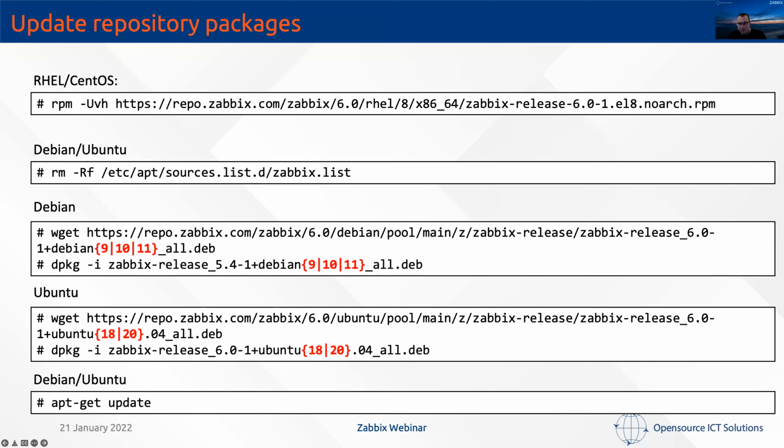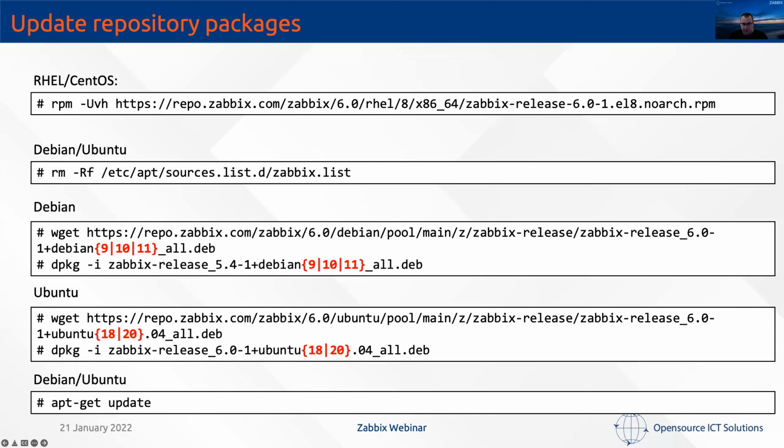On Debian and Ubuntu, there are a few more steps that we should take. So we should remove /etc/apt/sources.list.d/zabbix.list. And then, using wget, getting back that repository file. And there it depends, of course, on the operating system, which one should be used. So here, Debian 9, 10, 11.